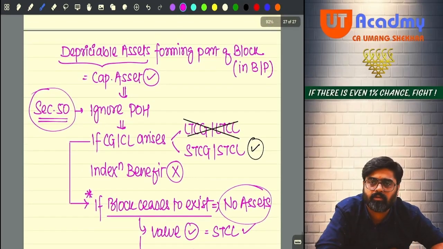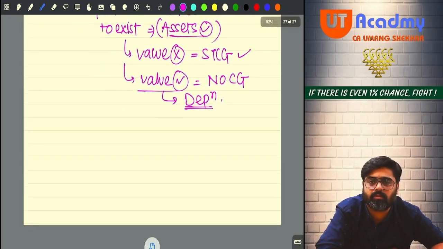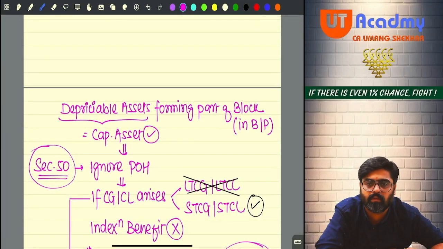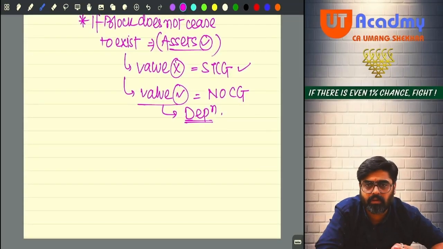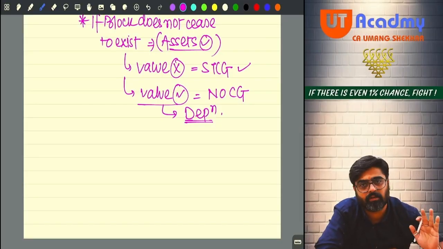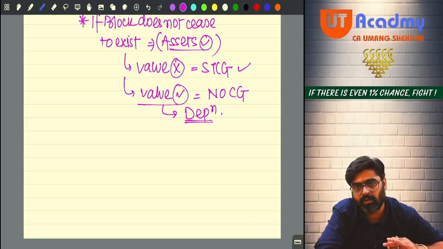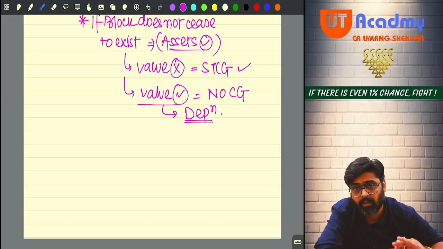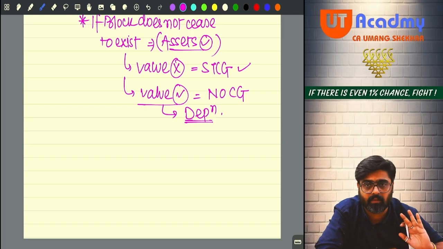Now we have to apply these concepts of section 50 in the given question. If the block is not there, meaning all the assets are gone, whether value remains or not, it will be short-term gain or short-term loss. If the block is there but value does not remain, then short-term gain; no depreciation can be calculated.